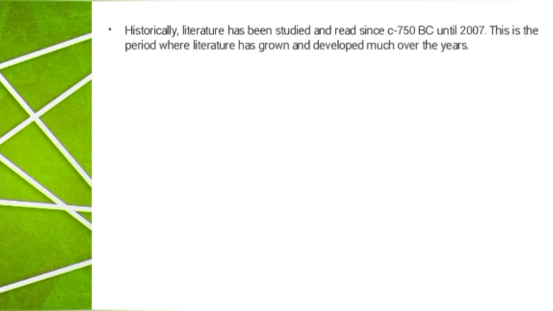Historically, literature has been studied and read from 750 before Christ until 2007. And this is the period where literature has grown and developed much over the years. Around this time, English literature especially has grown and developed much over these years.